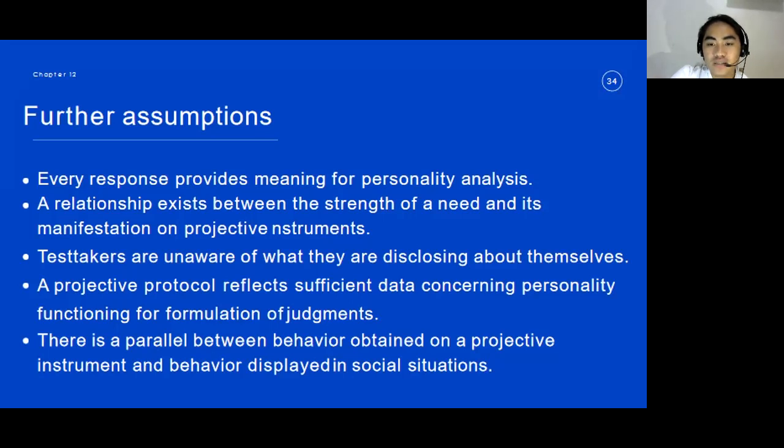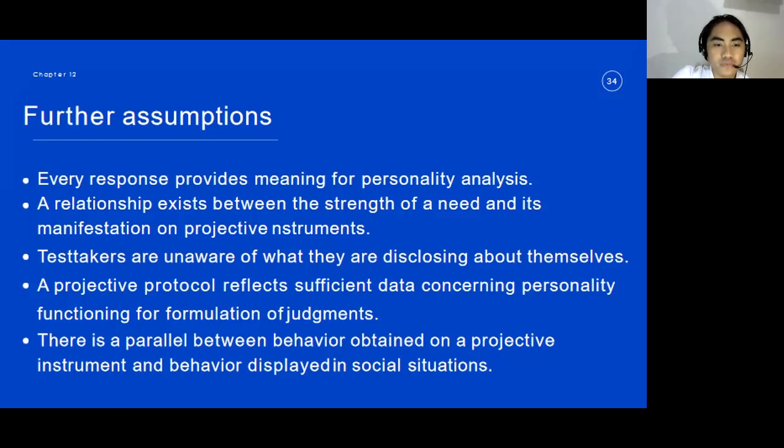Another assumption is that a projective testing protocol reflects sufficient data concerning personality functioning to formulate a judgment. I would argue that you should supplement with other tests and other sources of information. You can still use them, but don't make them the sole criterion for judgment.